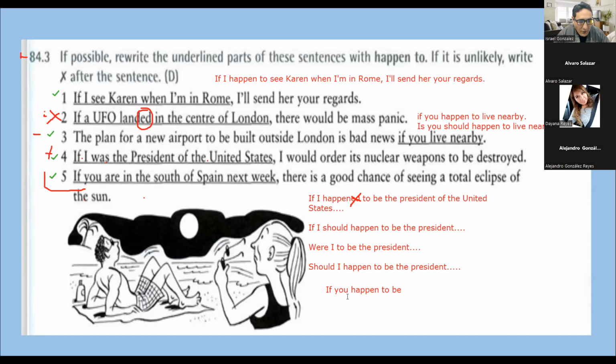So if you happen to be in the south of Spain next week, there is a good chance of seeing a total eclipse of the sun.